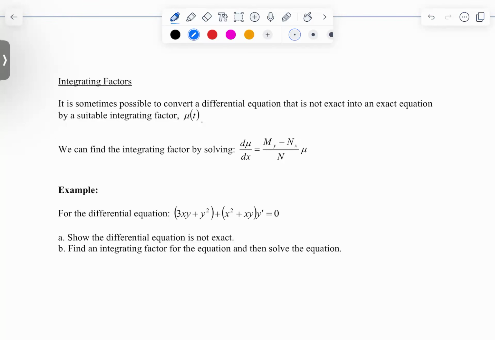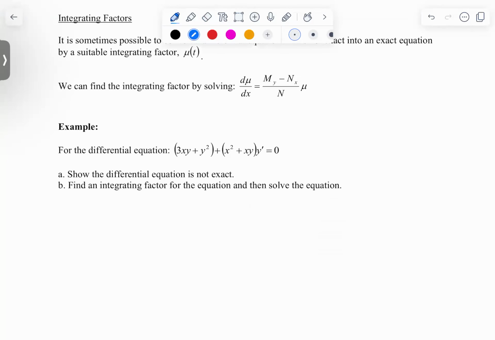Be aware, this is not on the quiz, because if I say solve the differential equation and the test fails exactness, double check. Because this adds a ton of work. I do have some of these in the homework, and they just get long very quick. We have our form, and it's actually in the correct form, not my favorite. Let's just rewrite it because I like my favorite form.